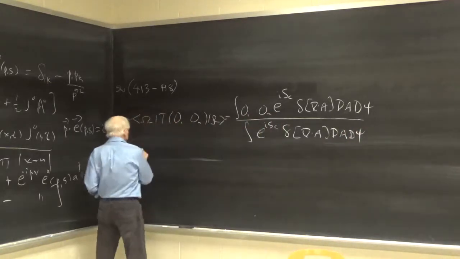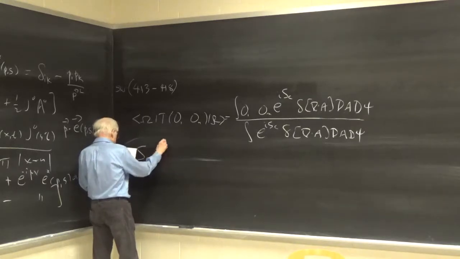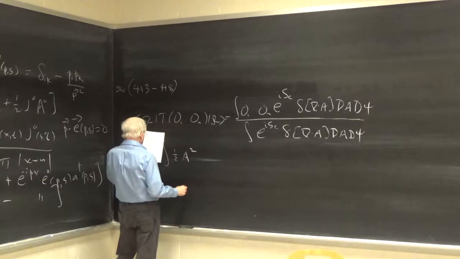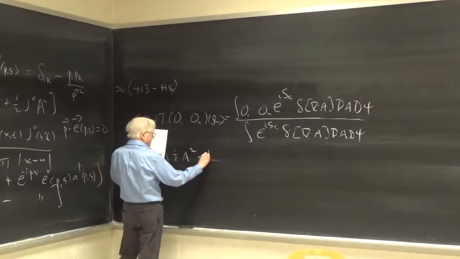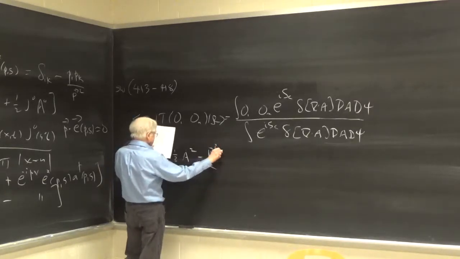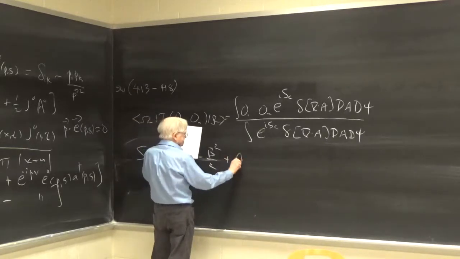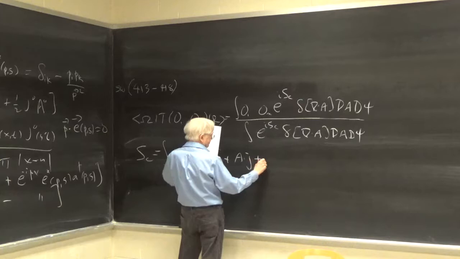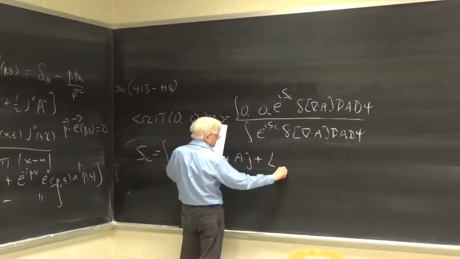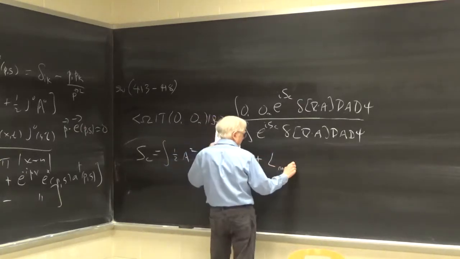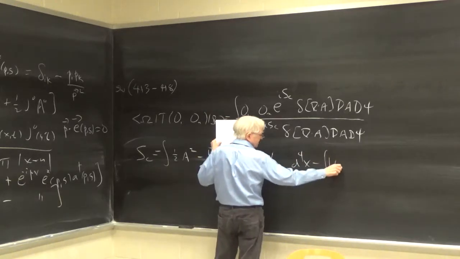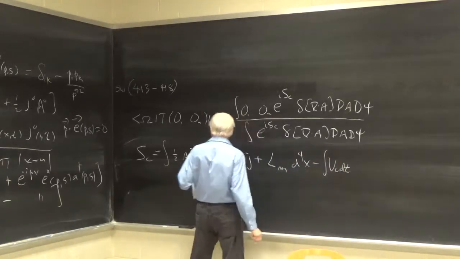And this S_C is the action in the Coulomb gauge, which is the integral of half A-dot squared minus P squared over 2, plus A dot J, and then plus any matter terms, d4x, and then minus the integral of V Coulomb dt.